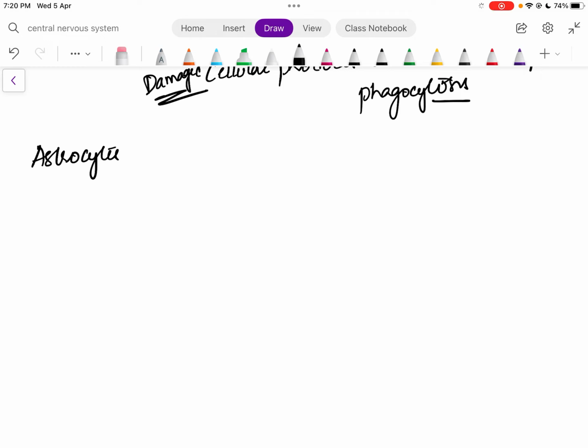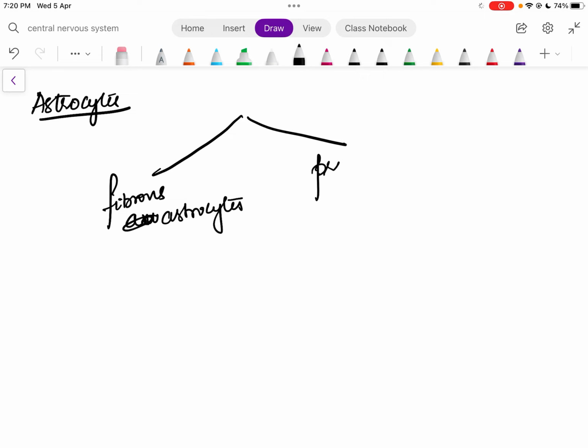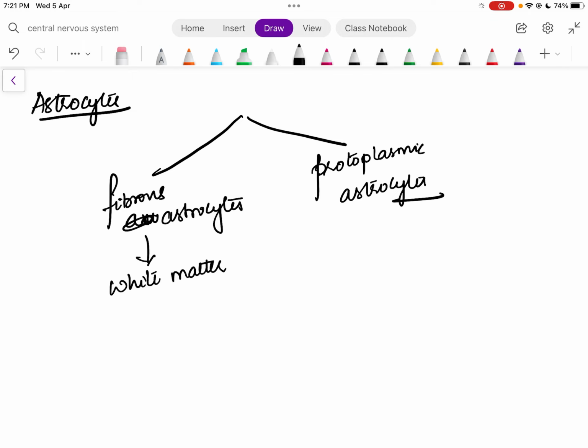Next, we have to discuss astrocytes. These astrocytes are of two types. One type is fibrous astrocytes. One more is protoplasmic astrocytes. Fibrous astrocytes are present in white matter, and protoplasmic astrocytes are present in gray matter.